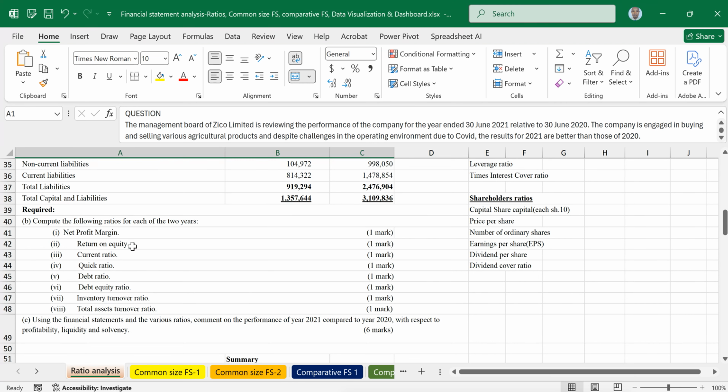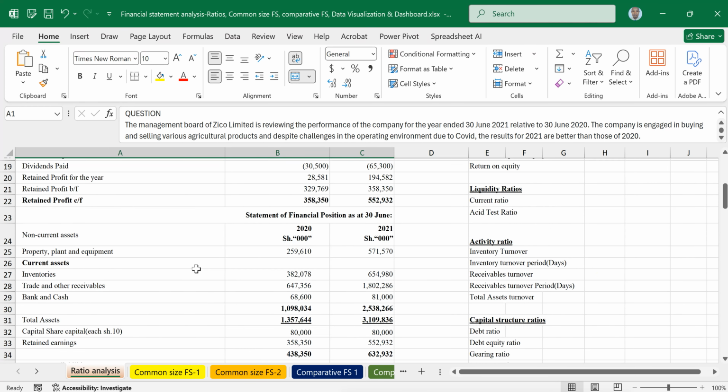Net profit margin, return on equity, current ratio, quick ratio, debt equity ratio, inventory turnover ratio, and total assets turnover ratios. Then using the financial statements and various ratios, comment on the performance of the year 2021 compared to the year 2020 with respect to profitability, liquidity, solvency ratios.